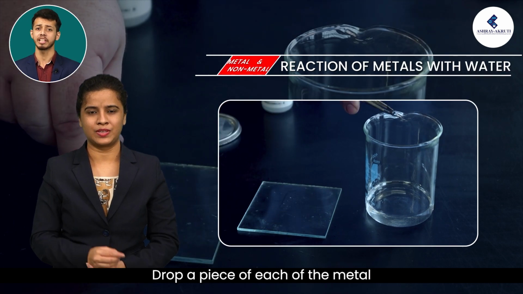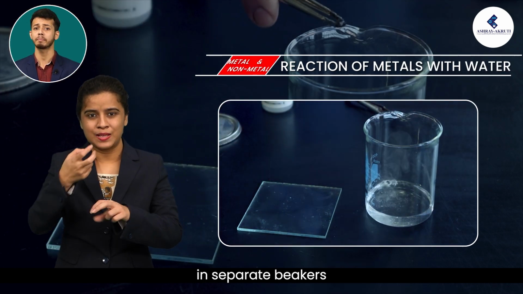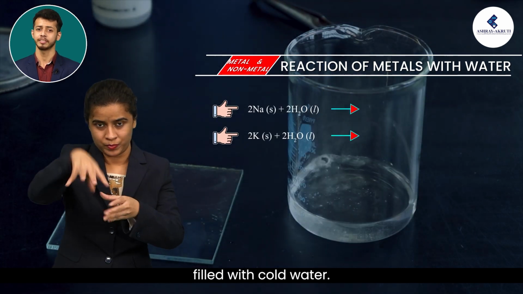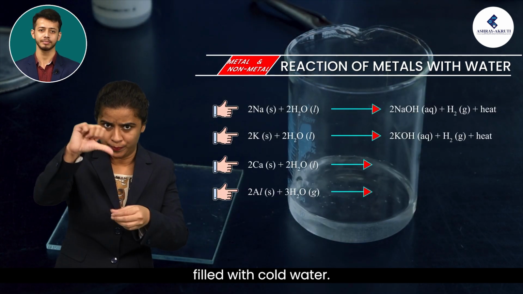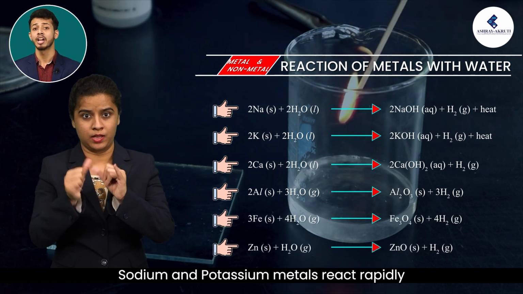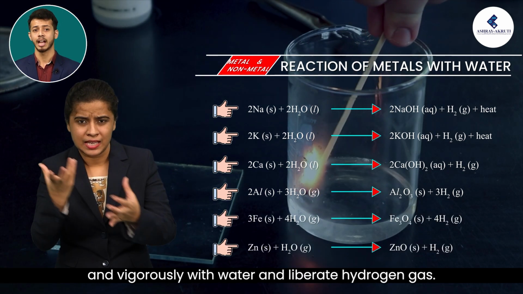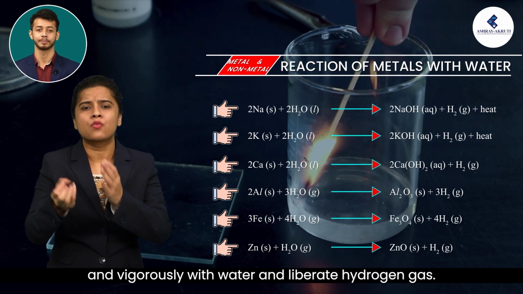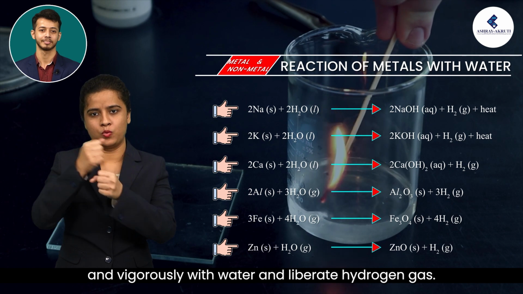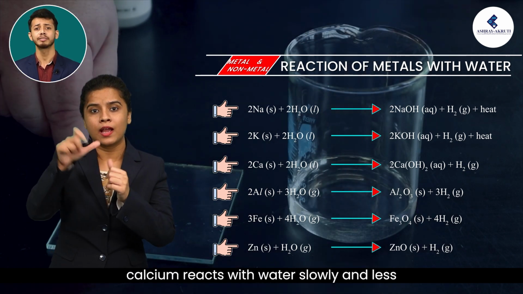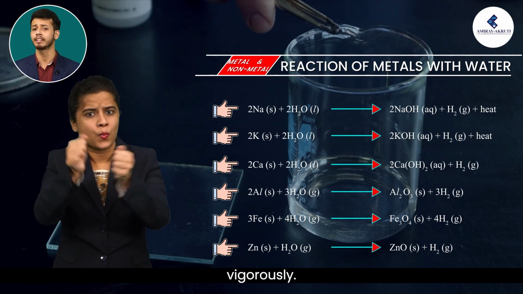Drop a piece of each of the metals in separate beakers filled with cold water. Sodium and potassium metals react rapidly and vigorously with water and liberate hydrogen gas. On the other hand, calcium reacts with water slowly and less vigorously.